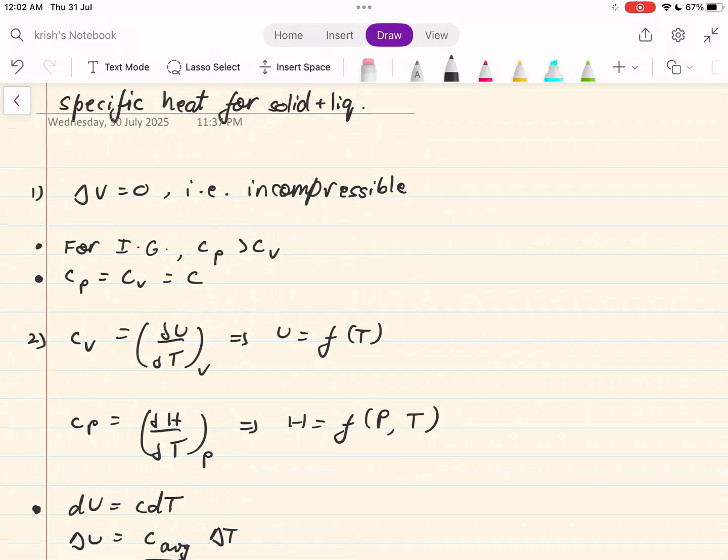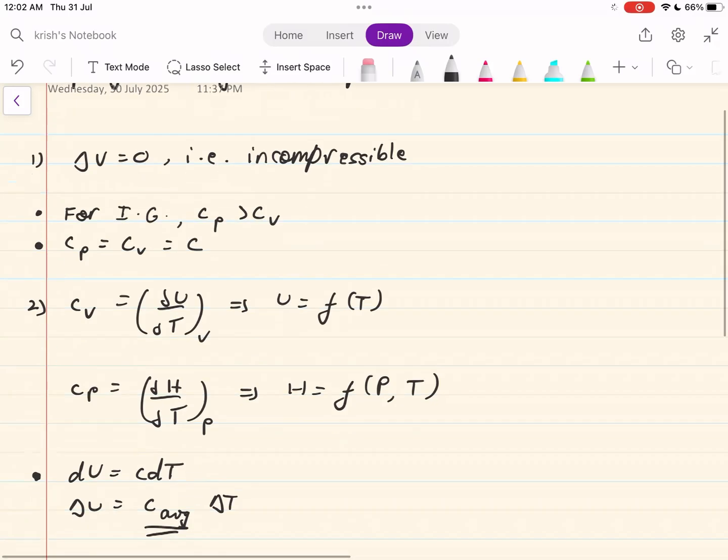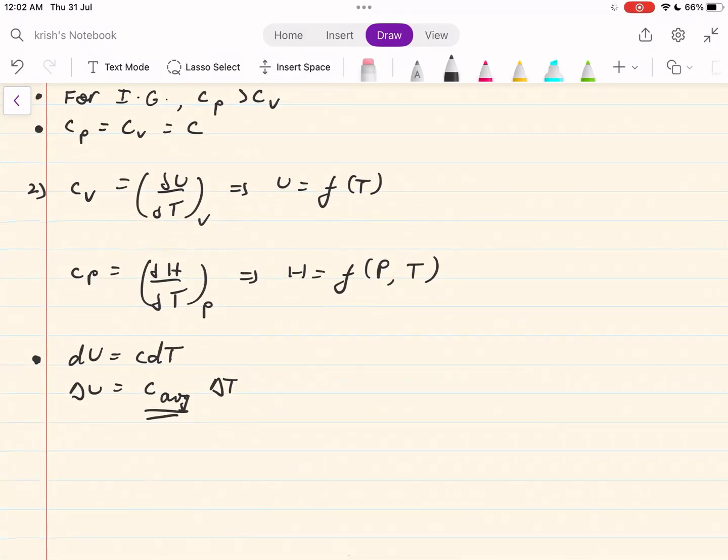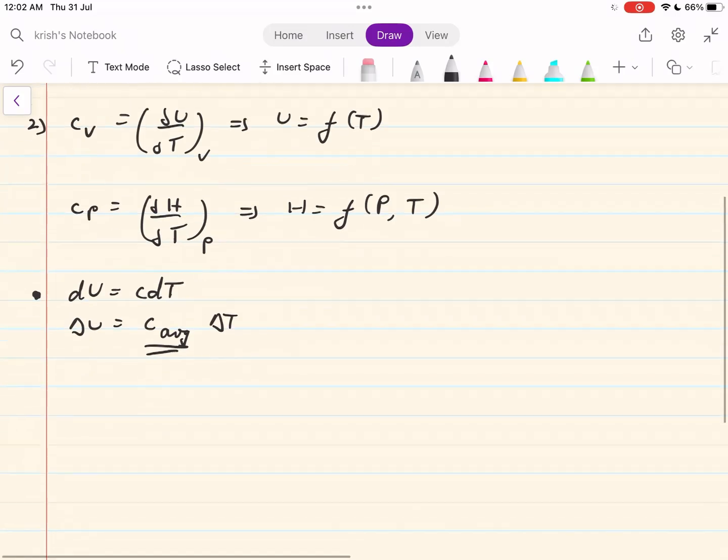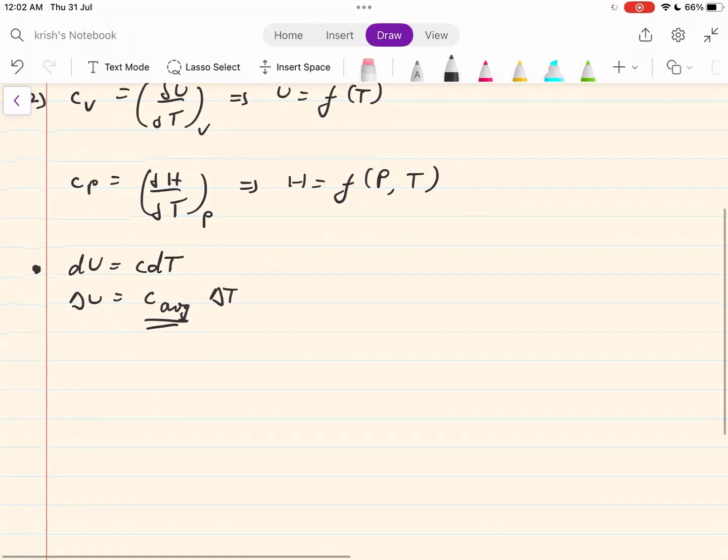You remember in the last lecture there was one question where it told us to calculate delta u using the average temperature. This is that C average, the specific heat calculated at the average temperature, right? Or you can just integrate this if you have a constant temperature and all that. du is mostly the same.